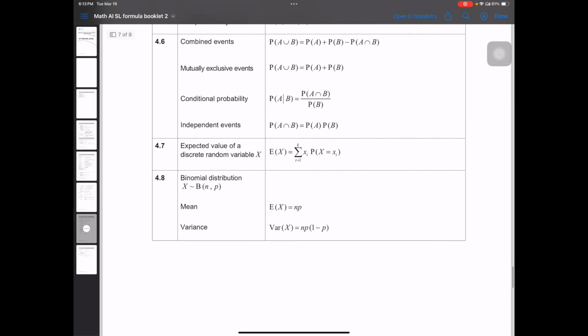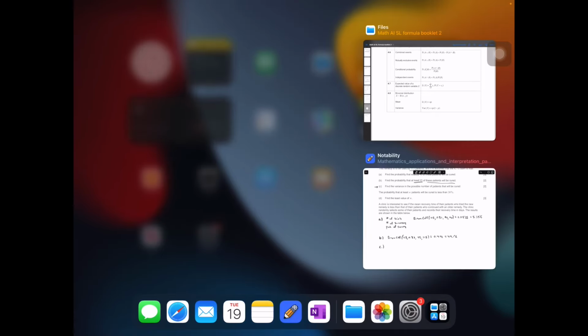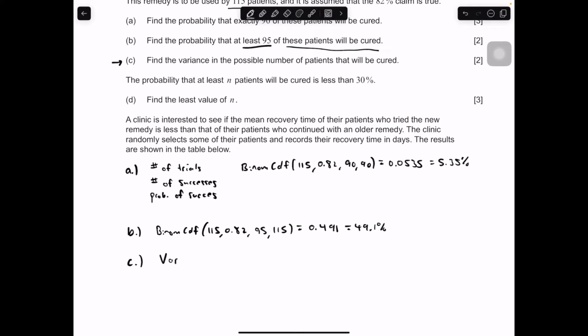For binomial distributions, we have our variance right at the bottom, 4.8. The variance of some variable that's binomially distributed, in this case the number of patients that are cured, is equal to n times p times 1 minus p.